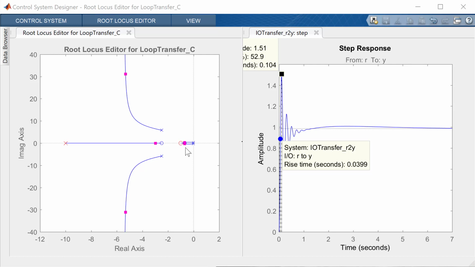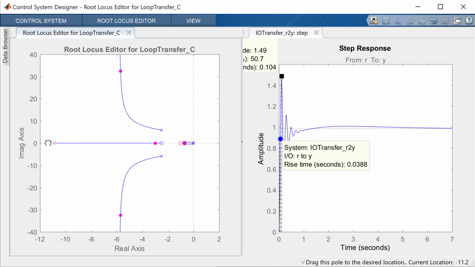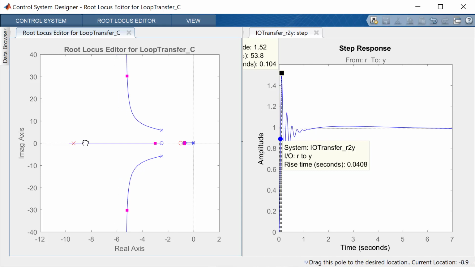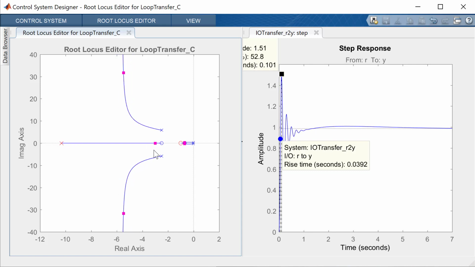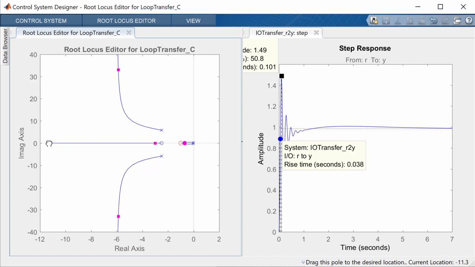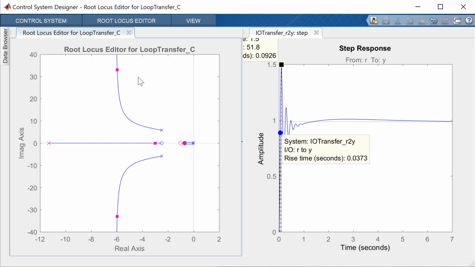What we'd really like to do is keep this zero location closer to the origin than this pole. And one thing to see is just how this pole is affecting it. What it's doing is pulling these two poles towards the left, and pulling them towards the left is slowly helping that damping ratio.